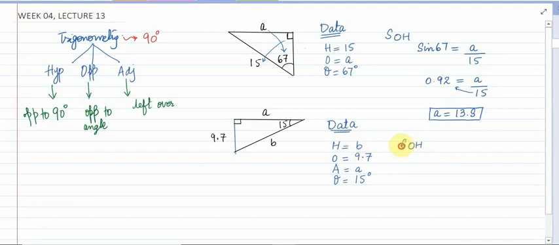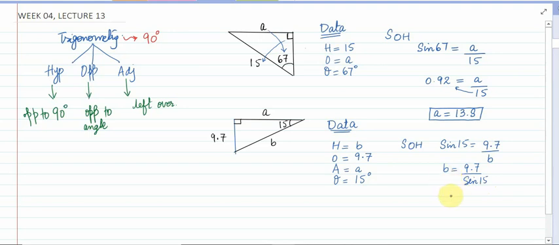So O and H comes in sine, it will be sine 15 degree is equals to opposite divided by hypotenuse, right? Make b the subject of the equation. So b is equals to 9.7 divided by sine 15, right?